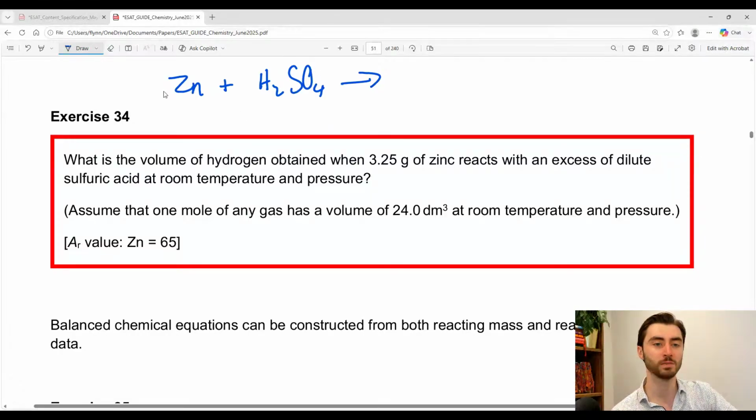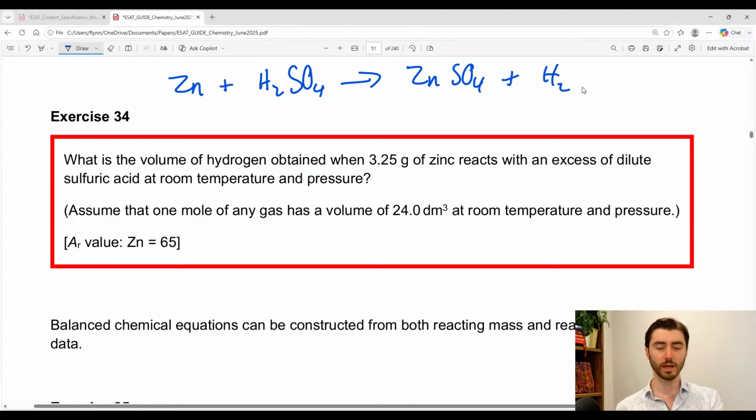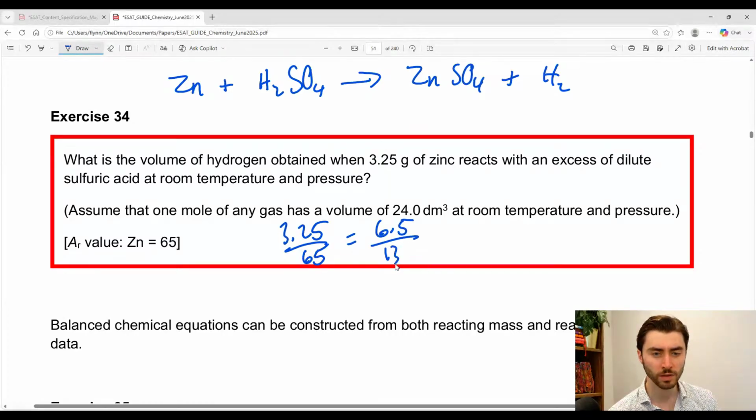So here, acid plus metal goes to salt, zinc 2 plus, SO4 2 minus, and hydrogen. So we have 3.25 grams over the 65. Let's multiply top and bottom by 2 here, actually. So that's 6.5 over 130. Well, that looks nice, because that's going to be 1 over 20.